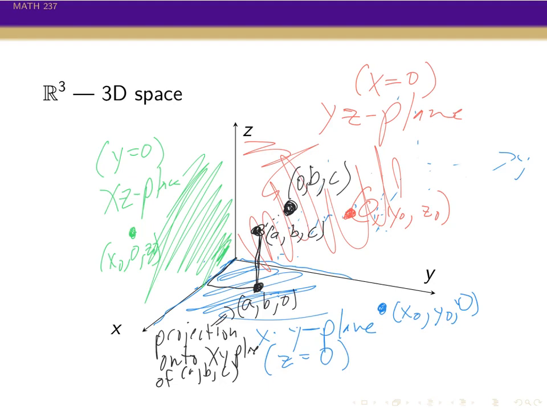And then last but not least, we can talk about the projection onto the xz plane. Here it would be (a, 0, c). So for any point, we can talk about projections, and if we have curves, since curves are just made up of a bunch of points, we can talk about the projections of each of those points.